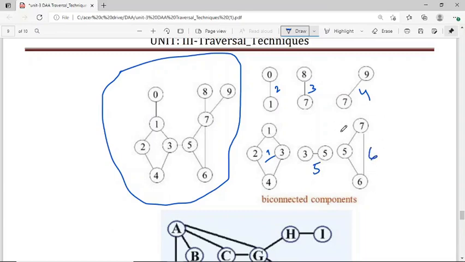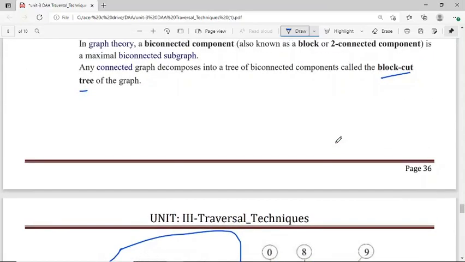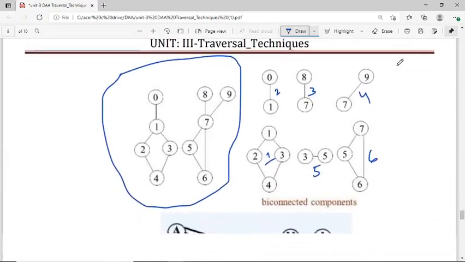So these are the biconnected components. Whatever graph is there, we need to change it into biconnected components. How will you do it? With the block-cut tree. Any connected graph decomposes into a tree of biconnected components called the block-cut tree of the graph.